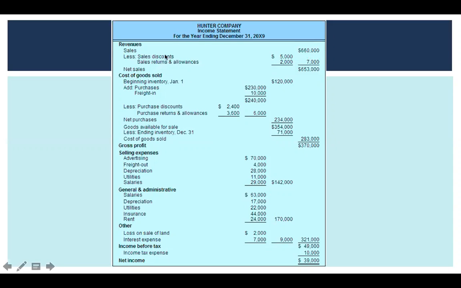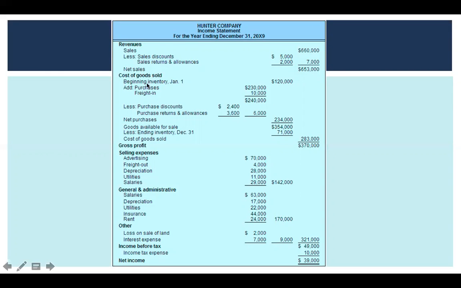They have some discounts, returns and allowances. So for example, returns and allowances are, maybe there were some damaged goods, maybe there were some people returning things that didn't work out, or they opened it and it didn't work for them. So their net sales were $653,000.